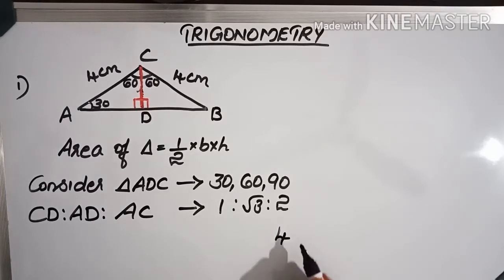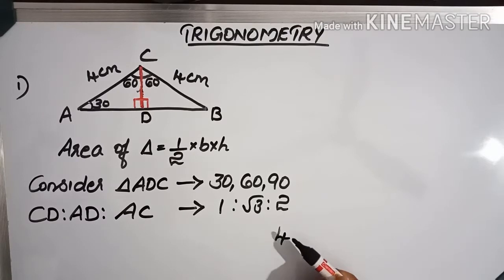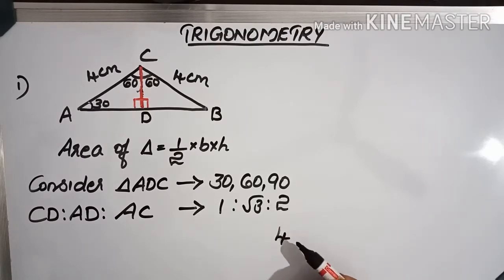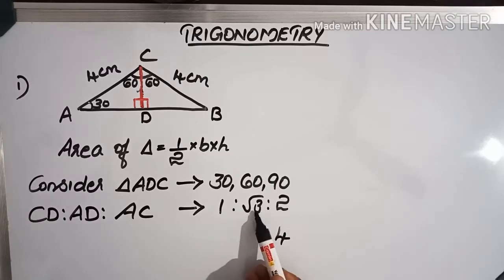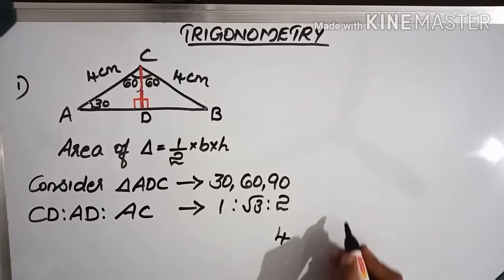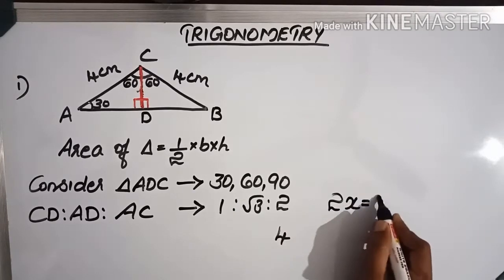But here ratio wise it is 2 and the answer is given as 4. That means by multiplying a particular number we will get the answer as 4. That same number you have to multiply with root 3 and with 1. So 2 changes to 4. That means you can write like this: 2x equal to 4.